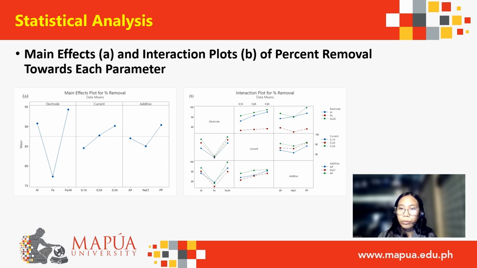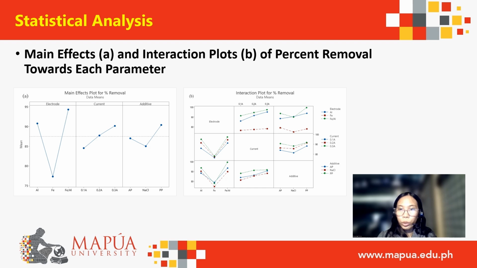And for the current, it also has influenced the EC process because as you increase the current level, you actually fully remove the antibiotics. And for the additive, adding chemicals to the EC process has influenced the removal of OTC.